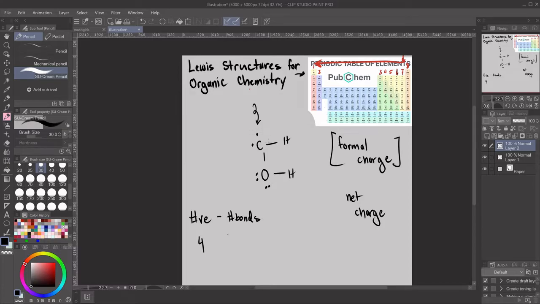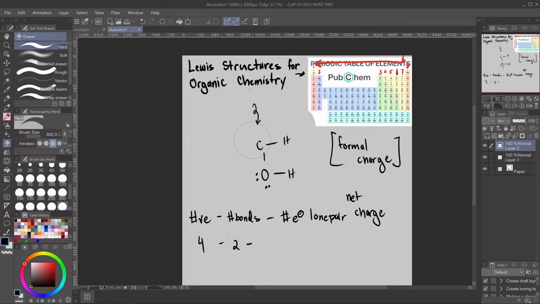So in the case of this carbon, we have 2 bonds. And finally, we're going to subtract the number of electrons in lone pairs. Up here, I didn't exactly draw it as a lone pair, but what we would see in nature is that those 2 electrons would end up pairing up. And so we know we have two electrons in one lone pair.